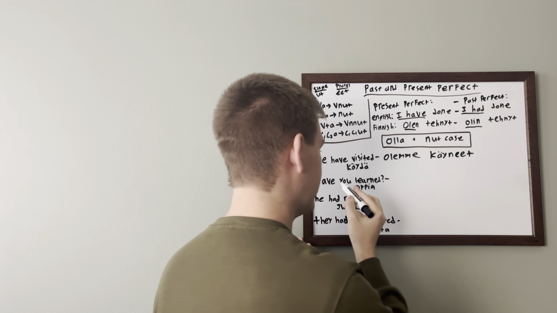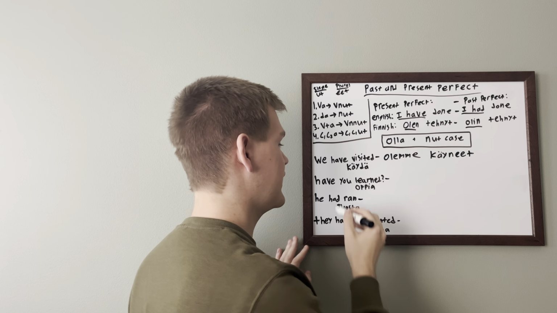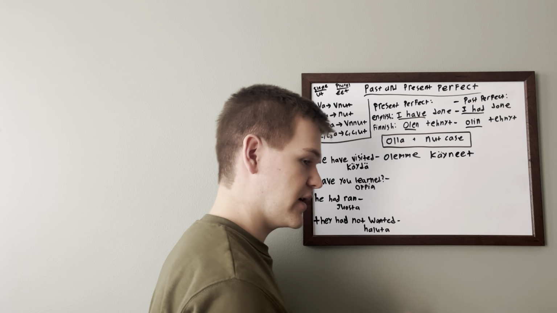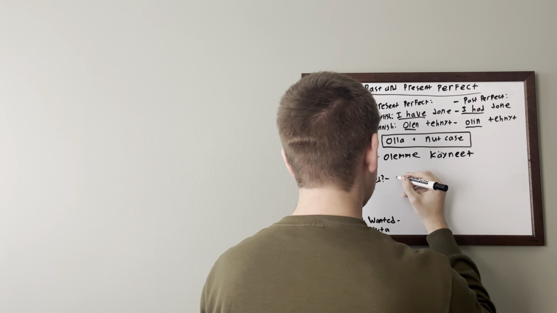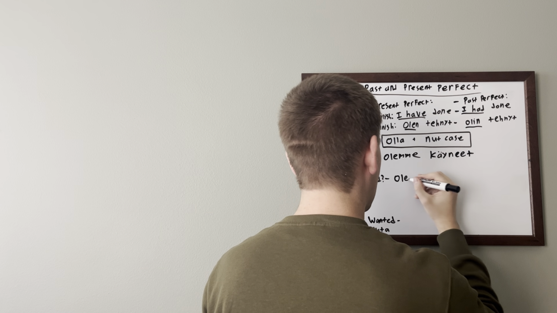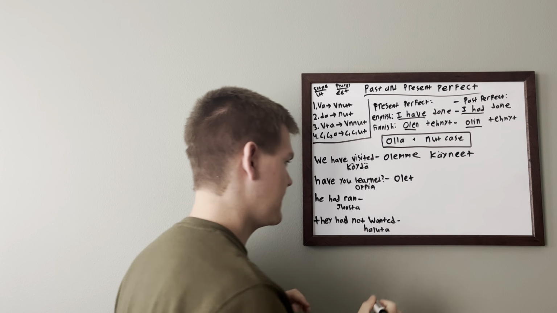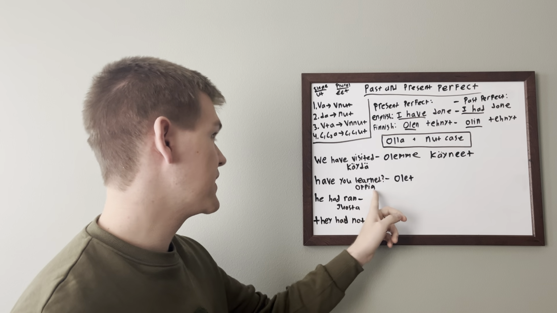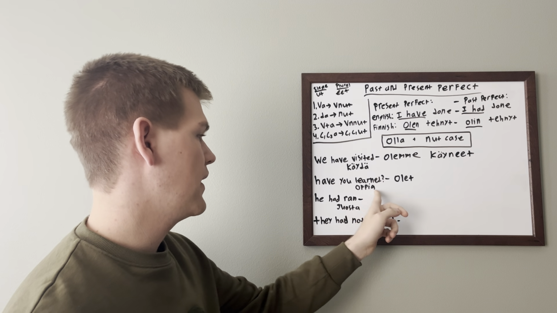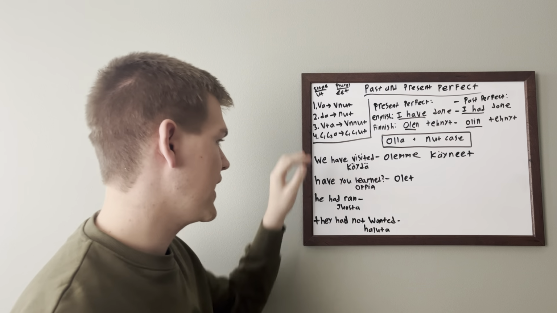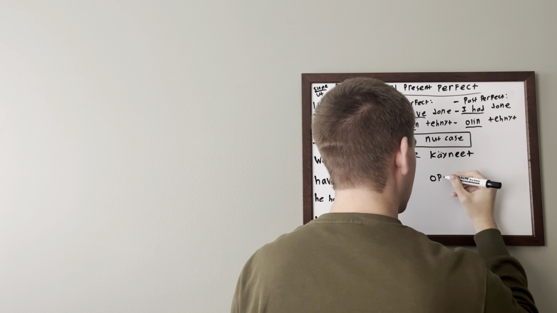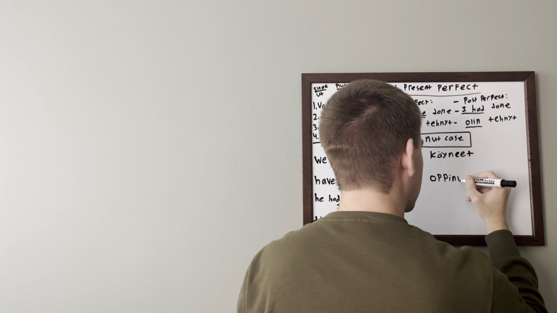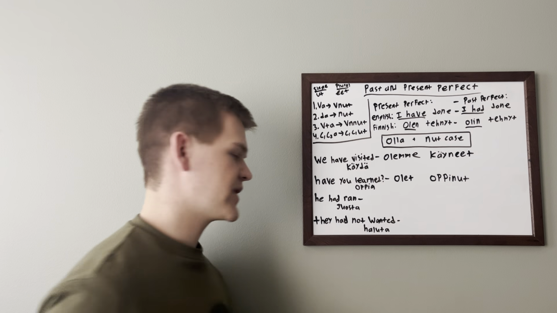If we have "you have," then that's singular and present, so it's just going to be olet. Then this one in the singular nut case: oppia goes to oppinut. So olet oppinut is going to be "you have learned."